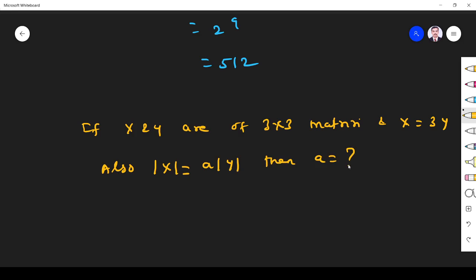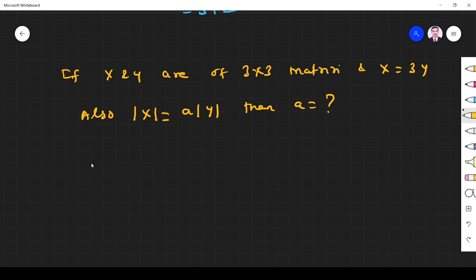This is a very easy problem. X is equal to 3Y they have given. If X is equal to 3Y, determinant X is equal to determinant 3Y.